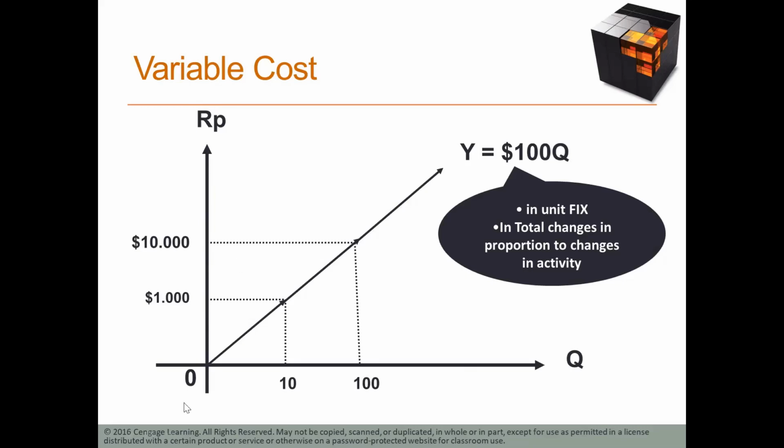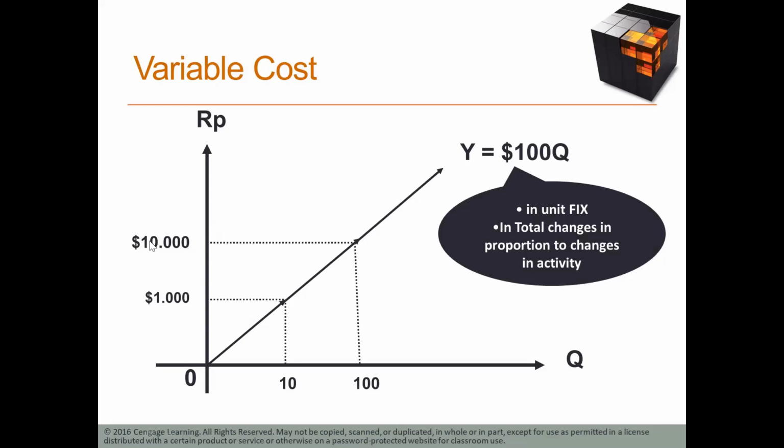Let's say the company produced donuts. When the company produced 10 donuts, the total variable cost is 1,000. And when the units of donuts increased to 100, the total variable cost became 10,000.